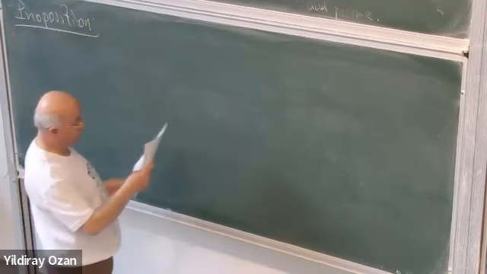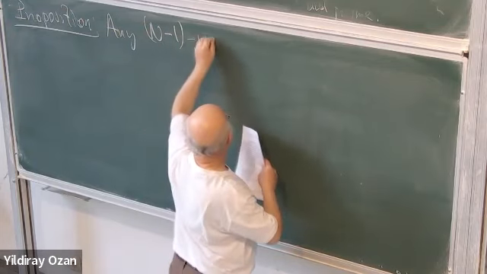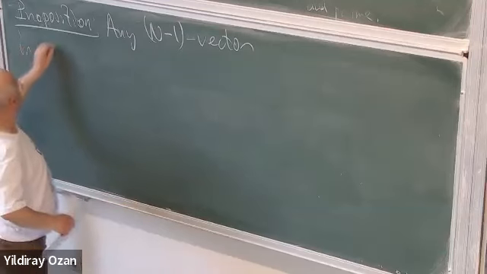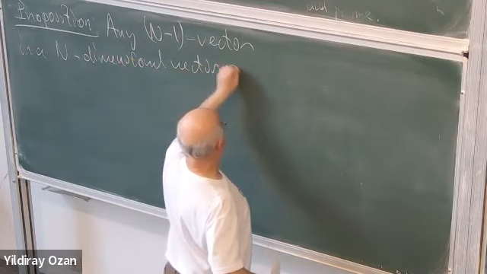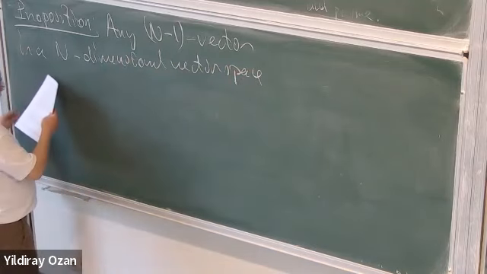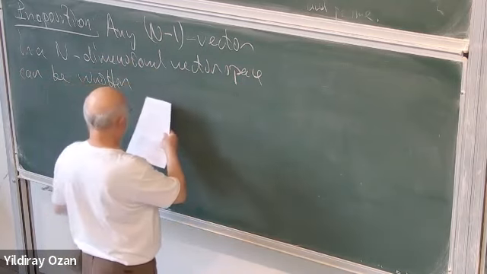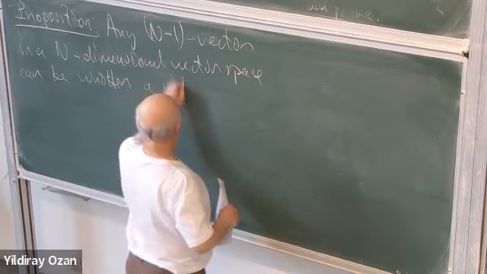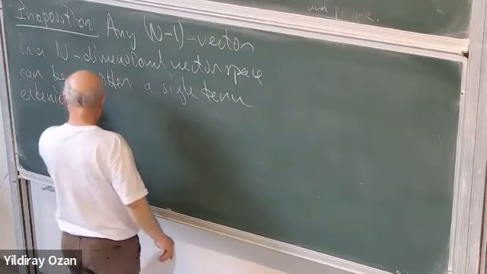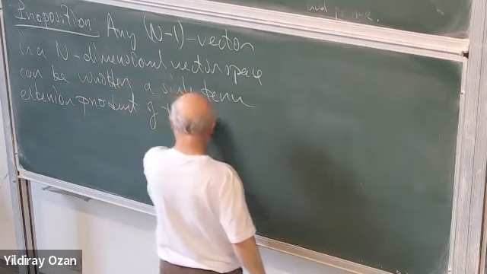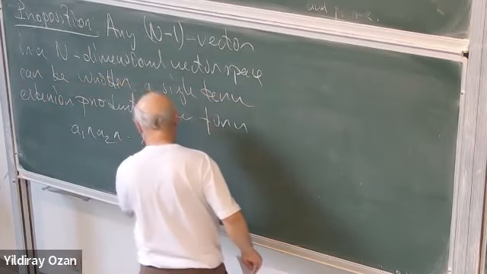So the statement is the following: any n-1 vector in an n-dimensional vector space can be written with a single term, extending to that, of the form A1 wedge A2 wedge ... wedge A_{n-1}.